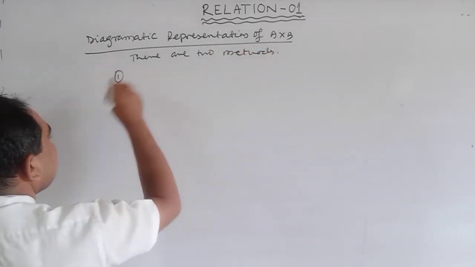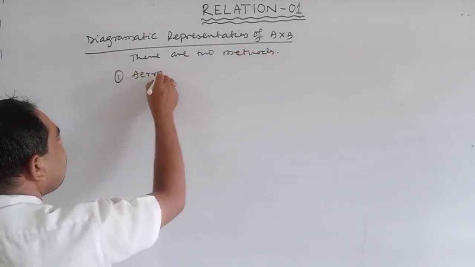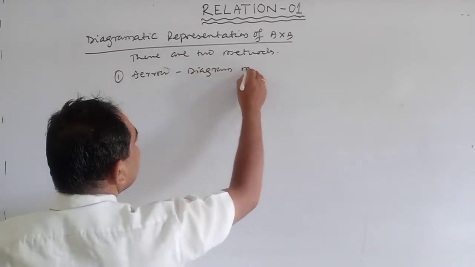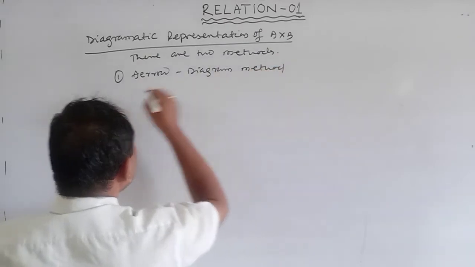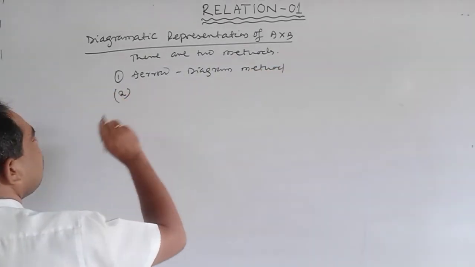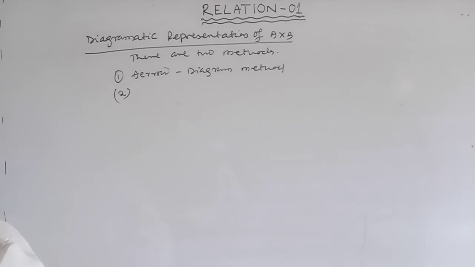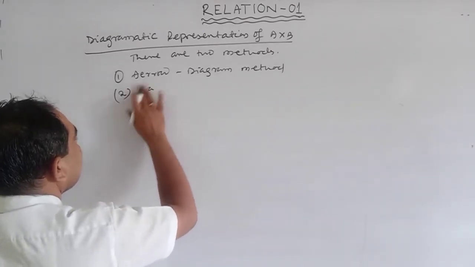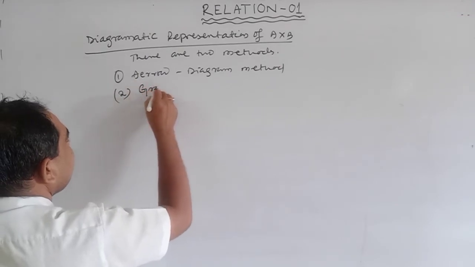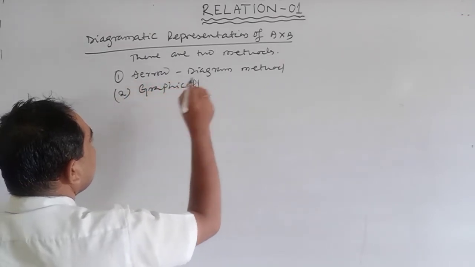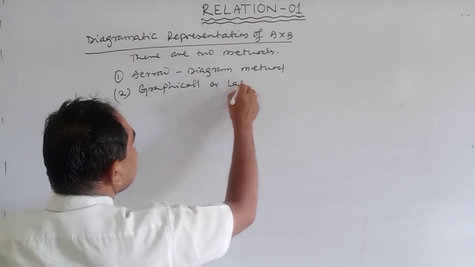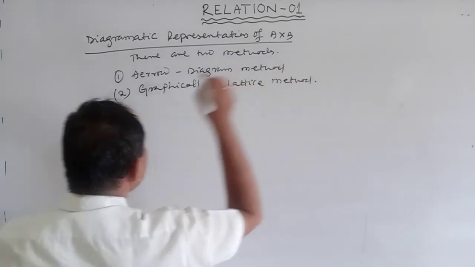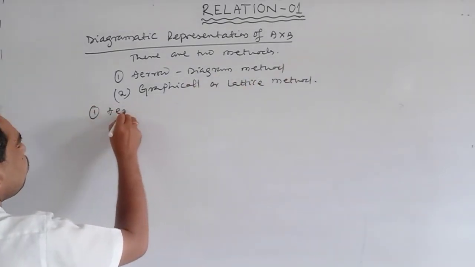One, the arrow diagram method. Two, the graphical or lattice method. Okay, so first, the arrow diagram.